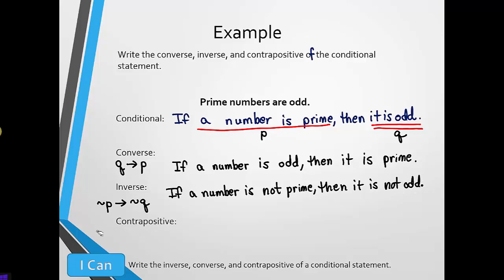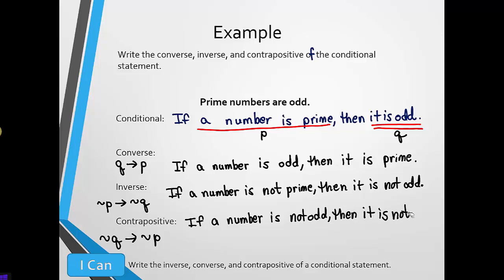And then the last one is the contrapositive, which is not Q implies not P. And that would be if a number is not odd, then it is not prime.